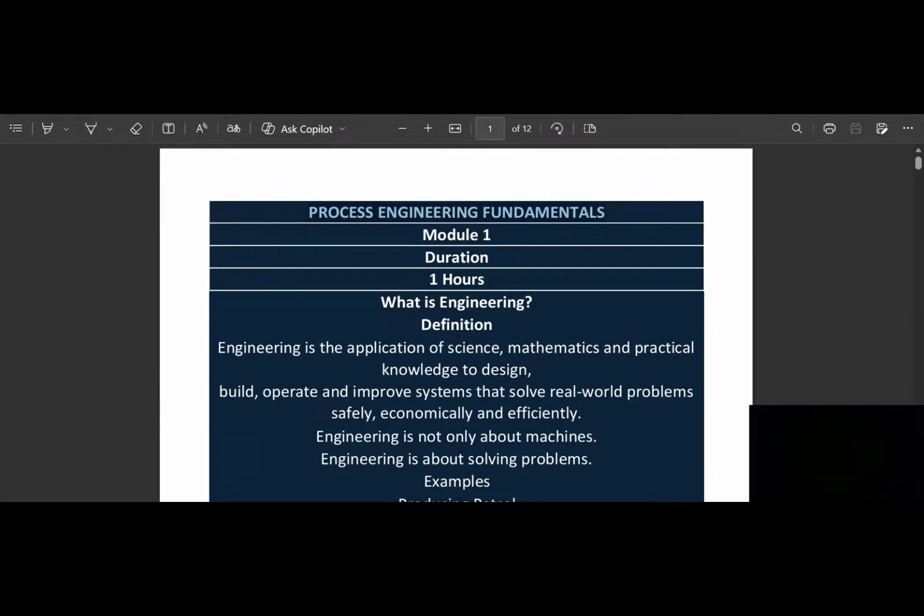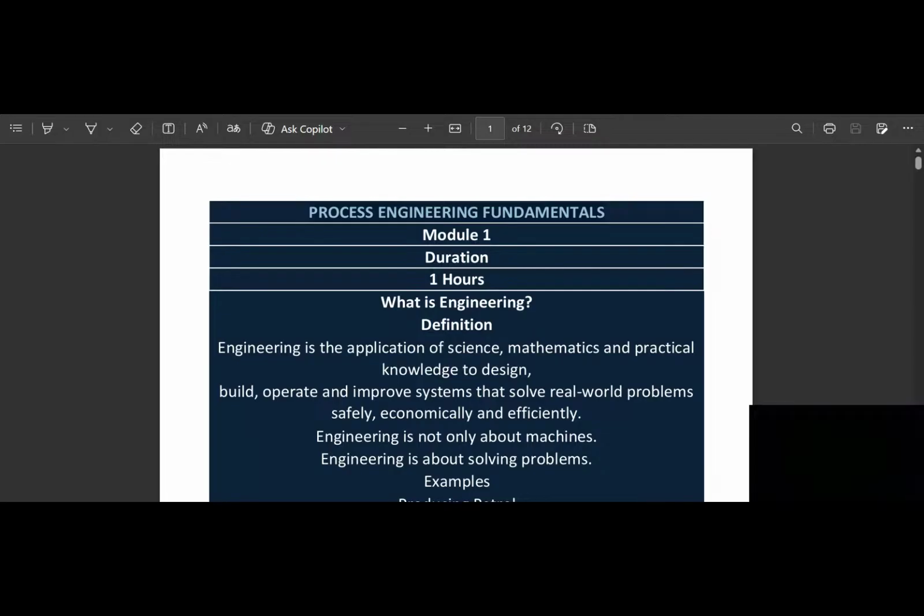So let's start with the module first. So we have 10 modules. This training is only for freshers and those who have just finished their education or degree, and they don't know about the market, what exactly process designing is, what exactly chemical engineering is.